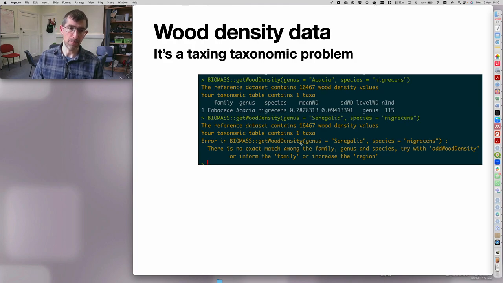And you might think, when are they ever going to get with the program? But whatever their taxonomic backbone is, it hasn't been updated to record this split in the Acacias. So you do have to be a bit careful what's going on. You can't just blindly put your species name in, because putting in what you might think of as the right species name is not going to give you any wood density data back for the Senegalias.